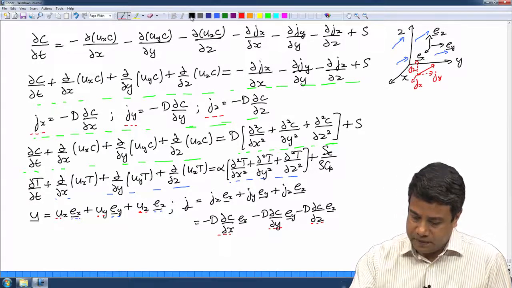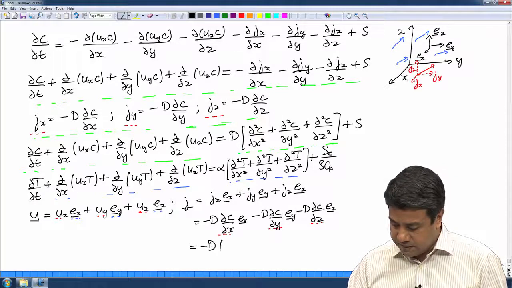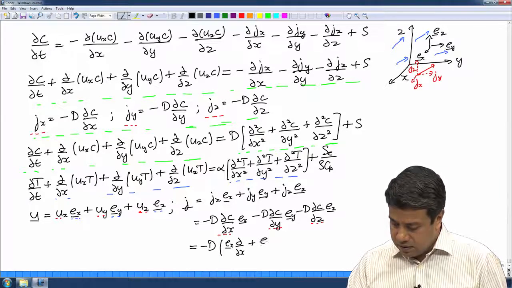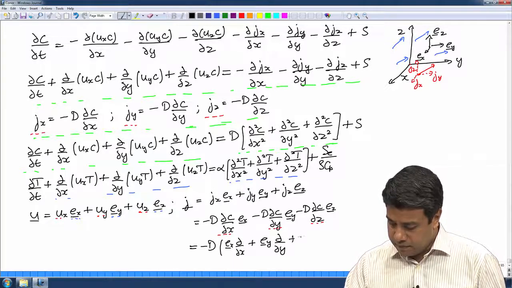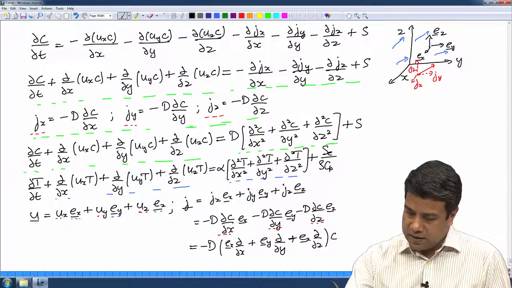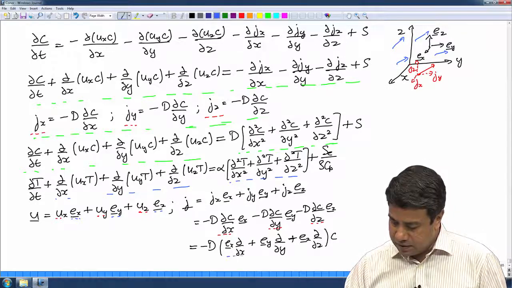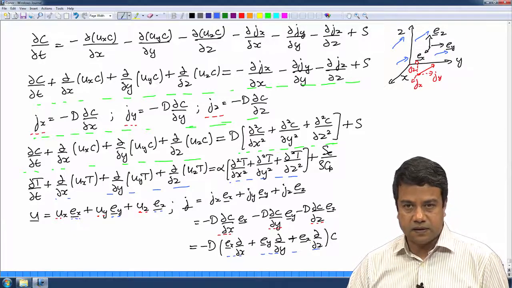So, this I can write as minus d times Ex d by dx plus Ey d by dy plus Ez d by dz, times c, where this thing is now a vector in itself. It is a differential operator, but it is a vector differential operator.